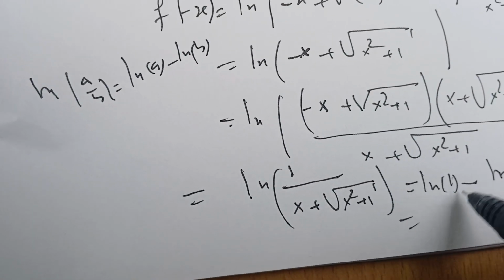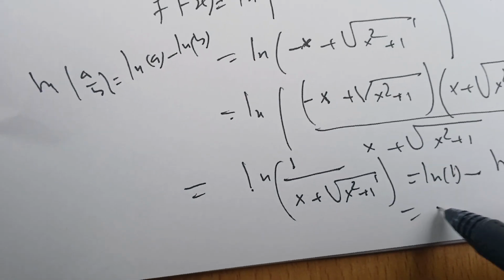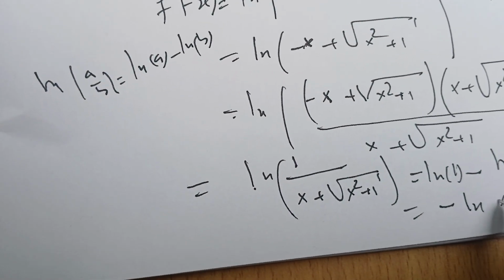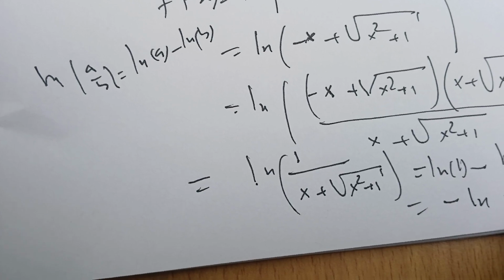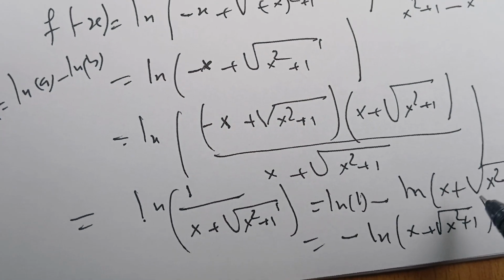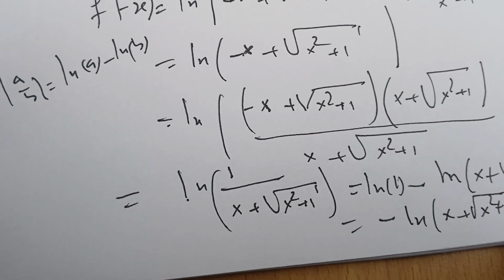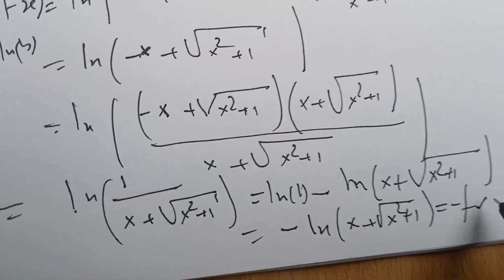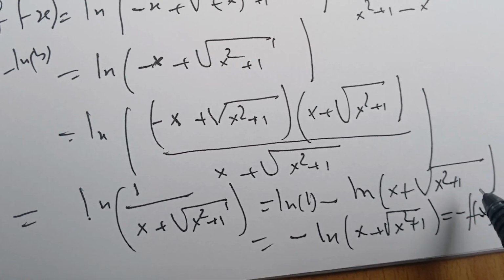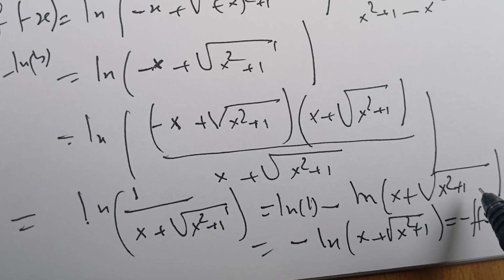And we know this is 0, and therefore we get minus ln of x plus square root of x squared plus 1. And this gives us that this is just minus f of x. Okay? This shows the result that we want to do.